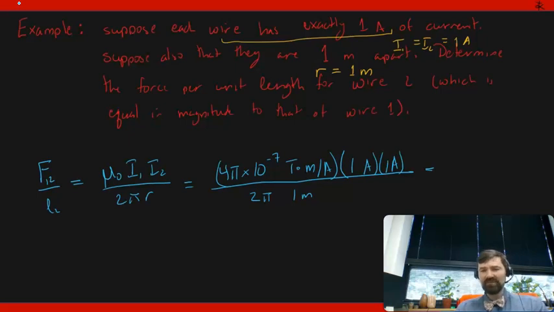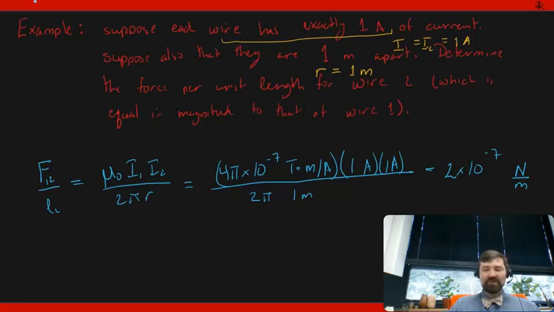And so what we end up with is 2 times 10 to the negative 7 Tesla amps. Or if you'd prefer the unit in terms of force per unit length, this is 2 times 10 to the negative 7 newtons per meter. These are equivalent units.